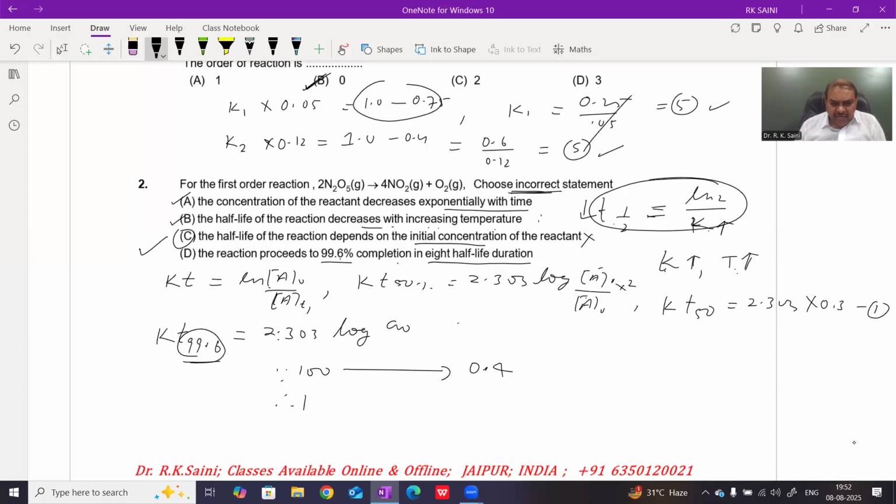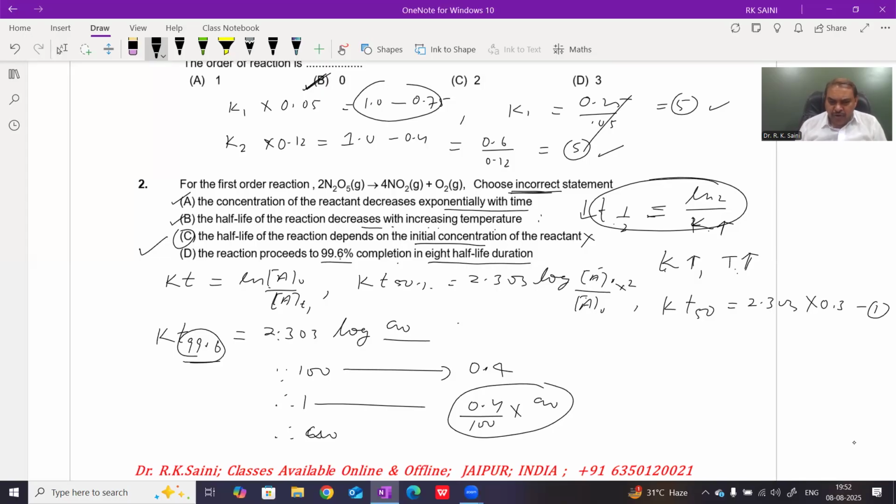If initial concentration is 1, the remaining concentration is 0.4 upon 100. And if initial concentration is A node, then the concentration after 99.6% is 0.4 into A node upon 100. Putting this value.